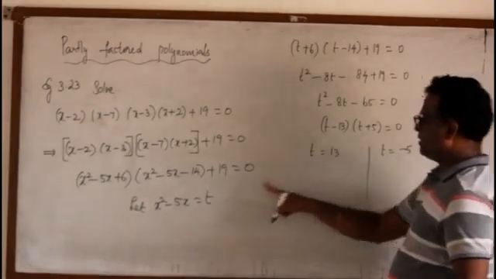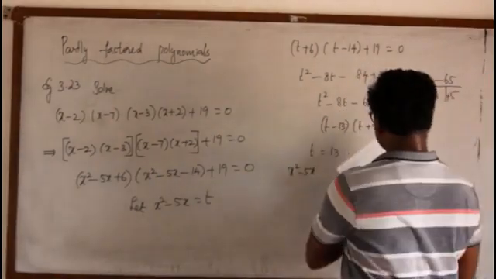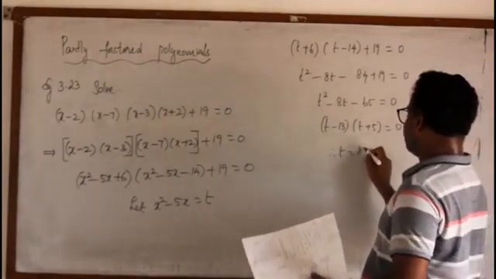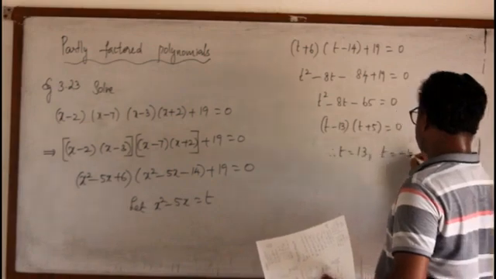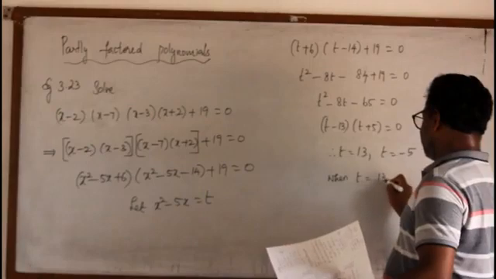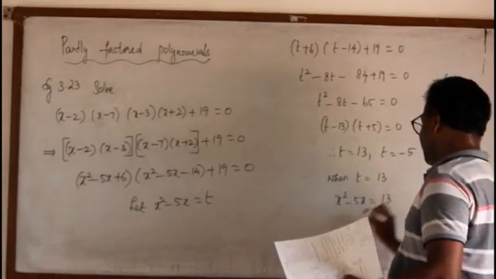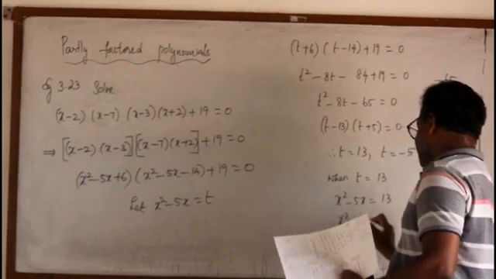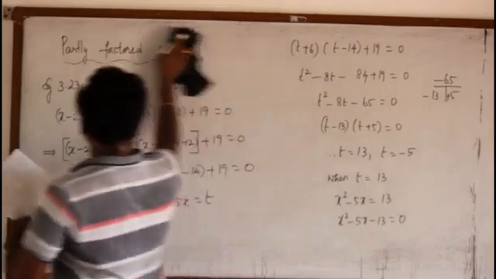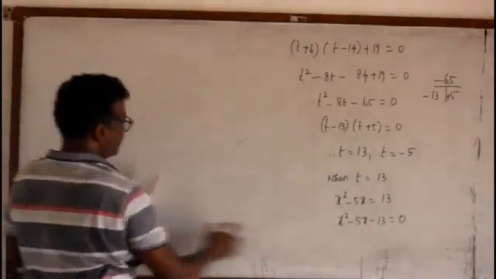We should do each case separately. When t equal to 13, that is x square minus 5x equal to 13, so x square minus 5x minus 13 equal to 0, which is again a quadratic equation in x. We cannot factorize because 13 is a prime number.